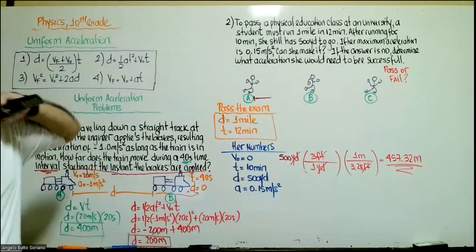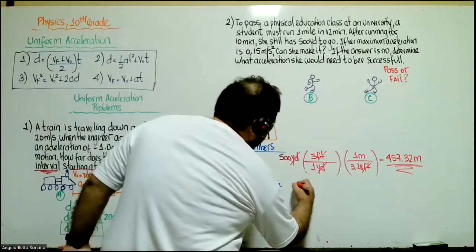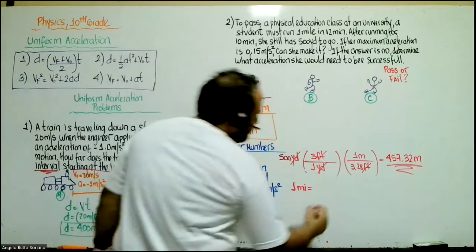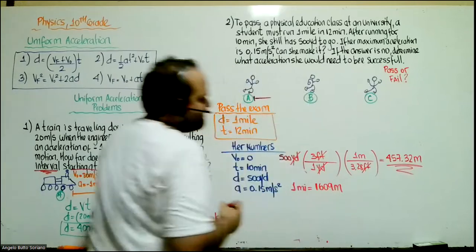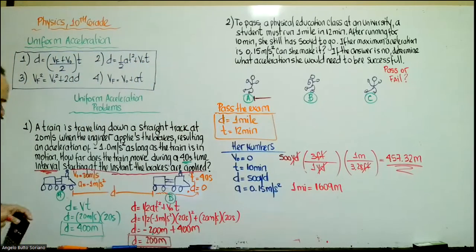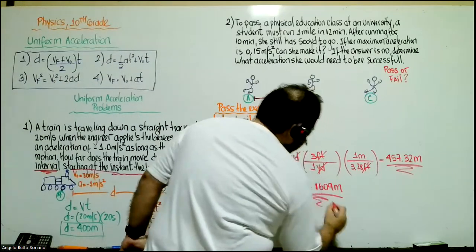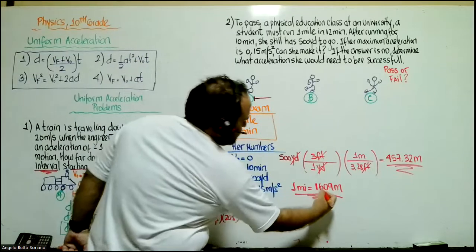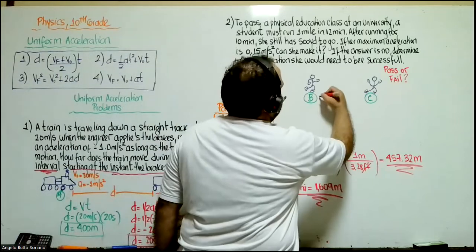And remember, the total distance she must cover is 1 mile, and 1 mile represents 1,609 meters. So we know the entire distance is 1,609 meters, and she's still remaining 457.32. Let's find out the distribution between B and C.